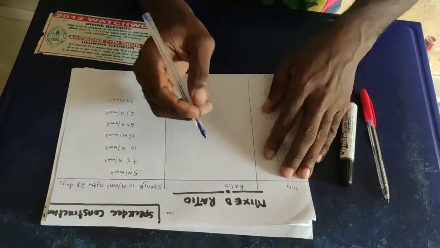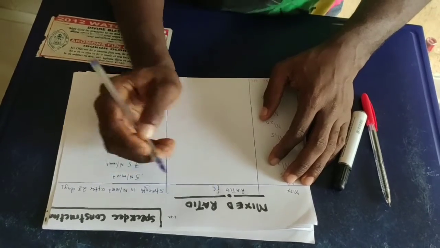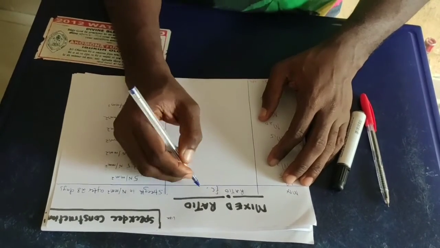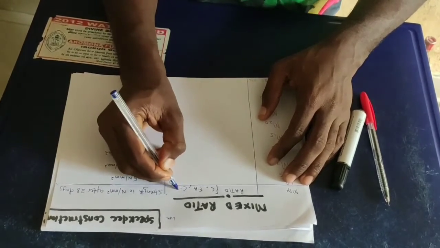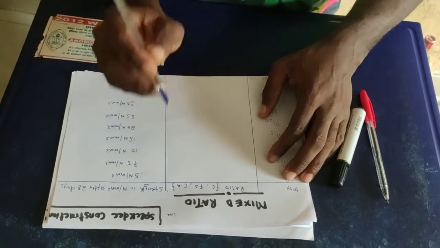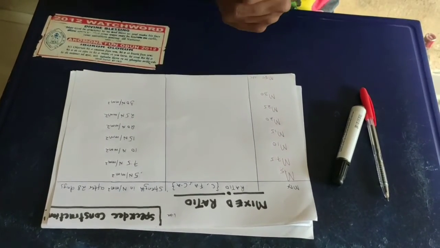So you're mixing 3 things: cement, fine aggregate or sand, and coarse aggregate, which is your normal granite or gravel, okay.